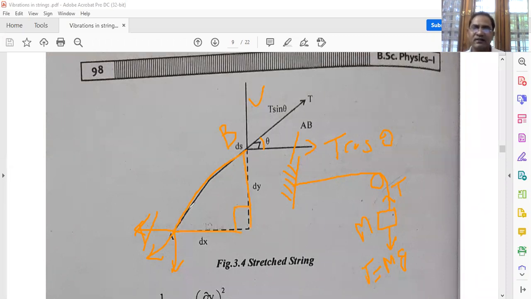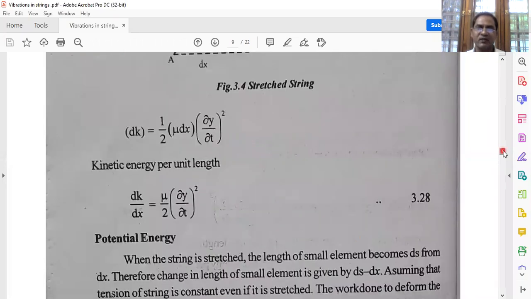Then from Pythagoras theorem, ds square is equal to dx square plus dy square. From that, ds is equal to under root dx square plus dy square. So this is the figure description. Keep these ideas in your mind.